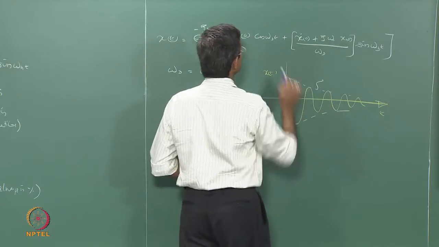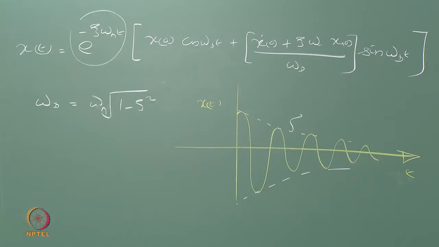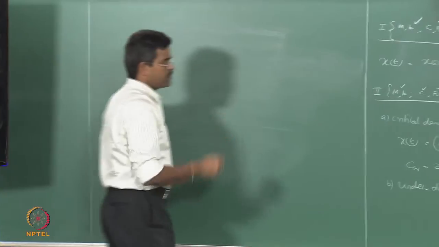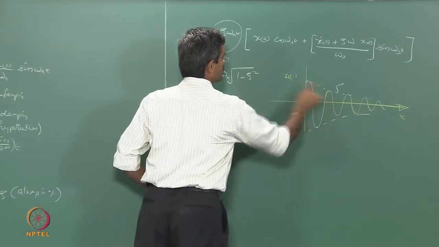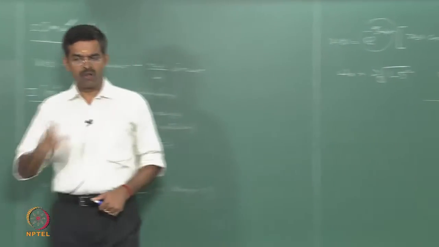This is decaying because there is an exponential negative sign here. Once we say it is decaying, let us say I want to know the ratio between the successive positive amplitudes or the successive negative amplitudes. I will call this the logarithmic decrement.